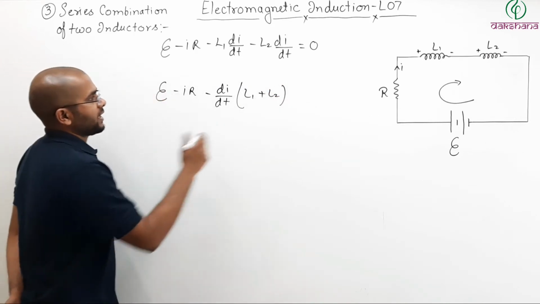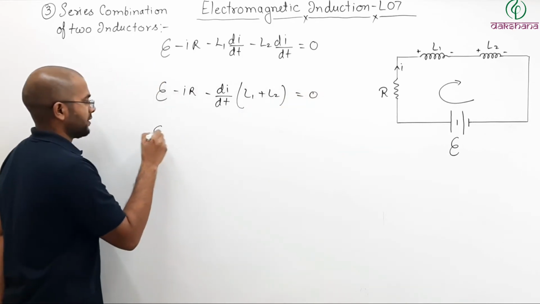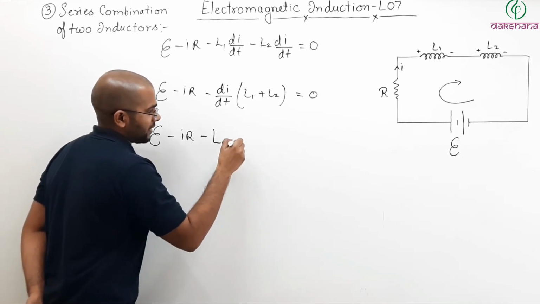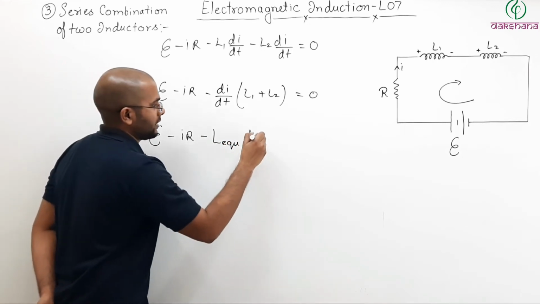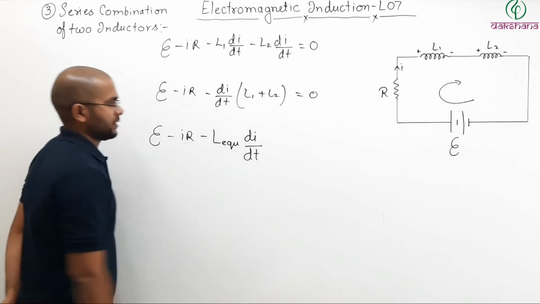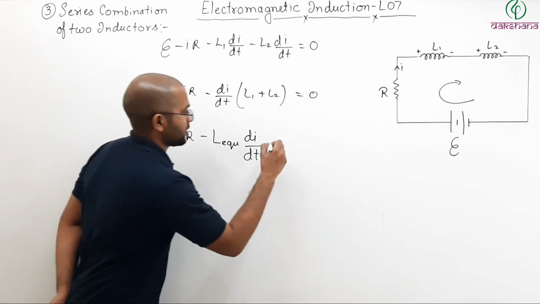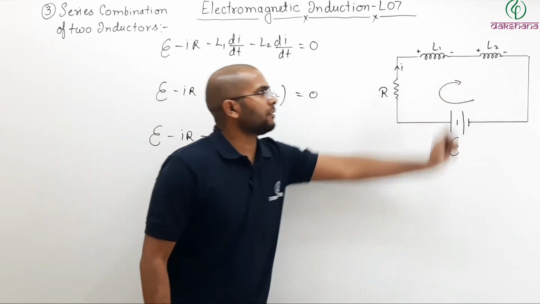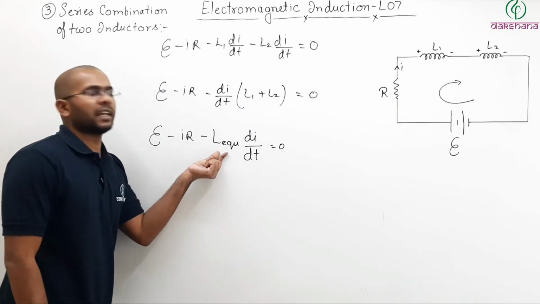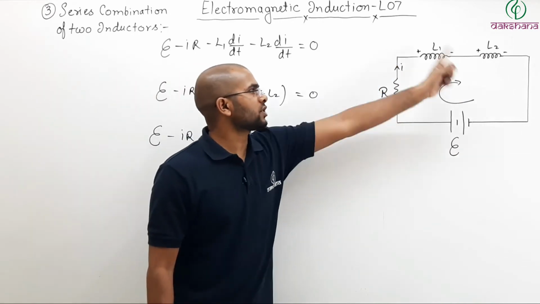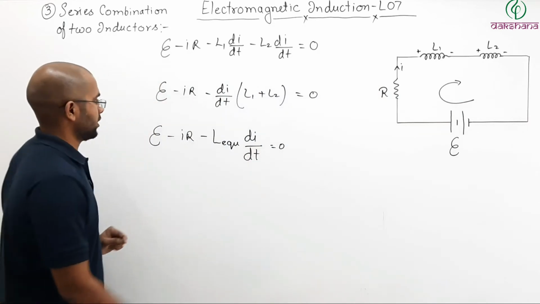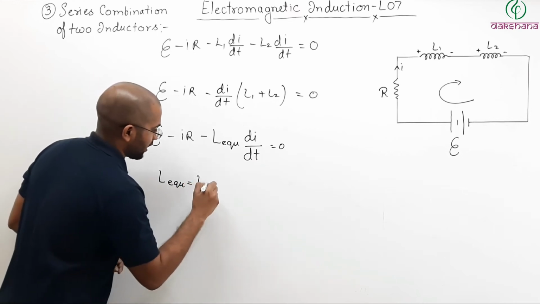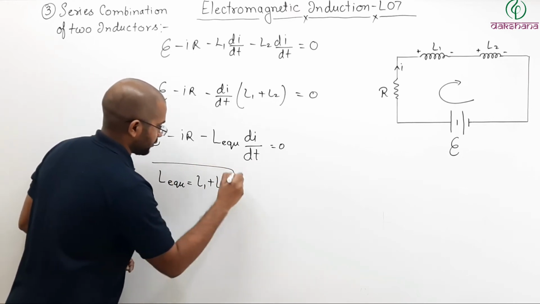So this can be written as EMF minus IR minus L equivalent di by dt equals 0. Meaning in place of L1 and L2, if I place L equivalent, then there will be no change in the parameters of my circuit. What is the value of L equivalent here? L equivalent here is L1 plus L2.